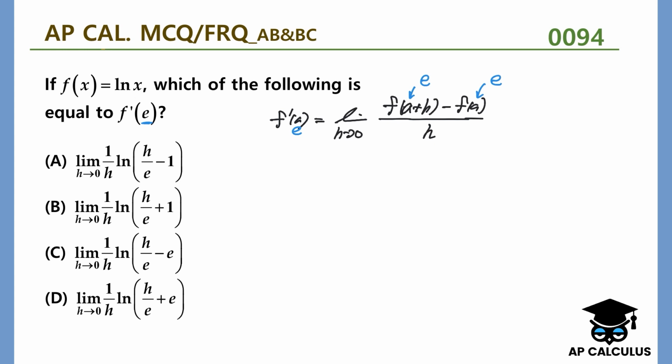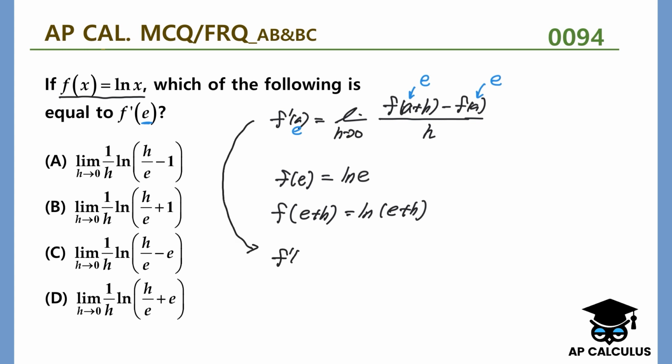Here our function f of x is equal to natural log x, right? So f of e is equal to natural log e, and f of e plus h is equal to natural log of e plus h, right? So let's rewrite this definition right here.